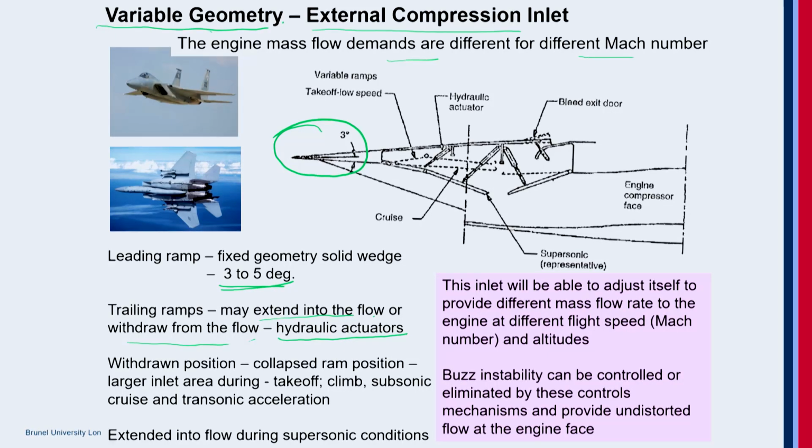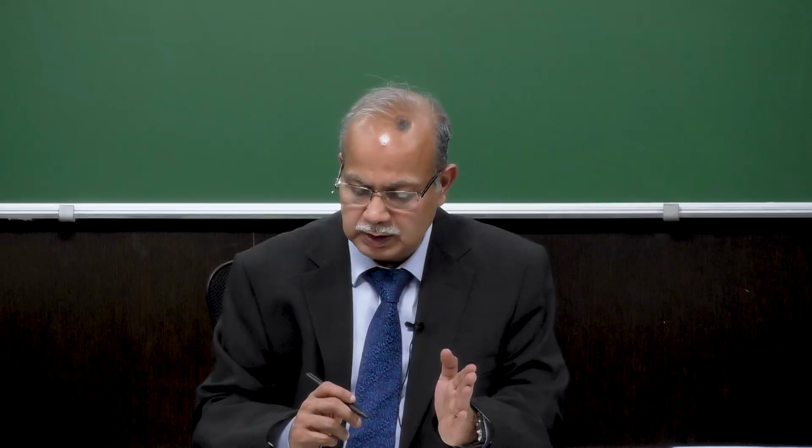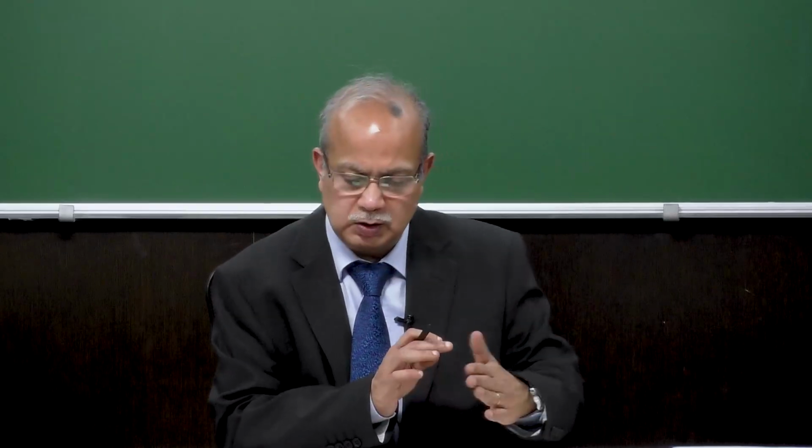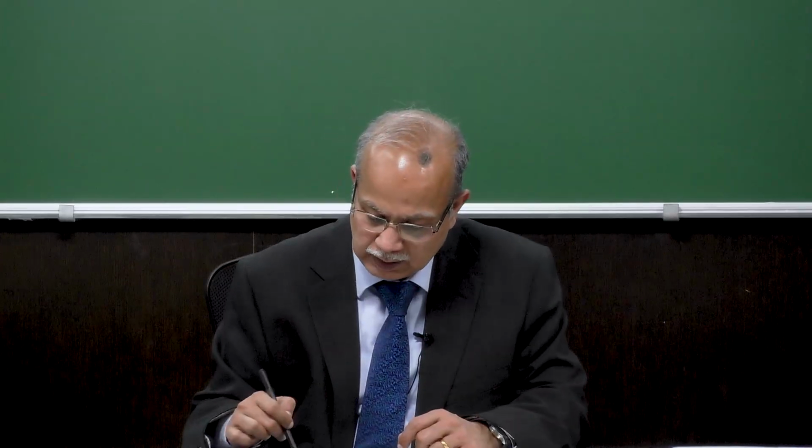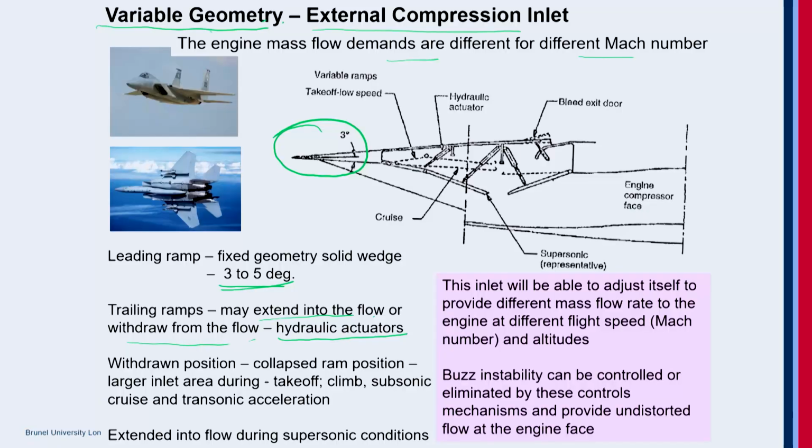Of course, this adds weight and mechanisms. So under low speed, subsonic conditions, you really don't need to have this ramp projected into the flow. But when you get into higher Mach numbers, to keep the boundary layer controlled, you can use this variable geometry to control the flow entering the engine.